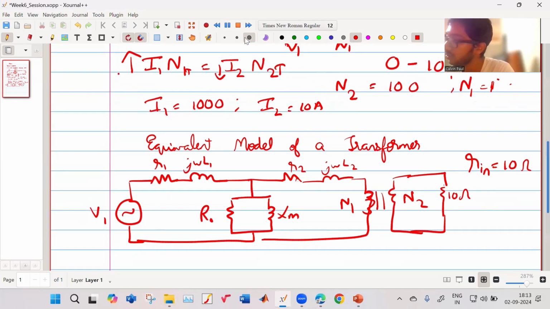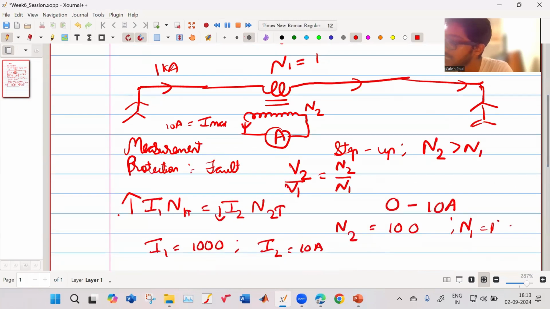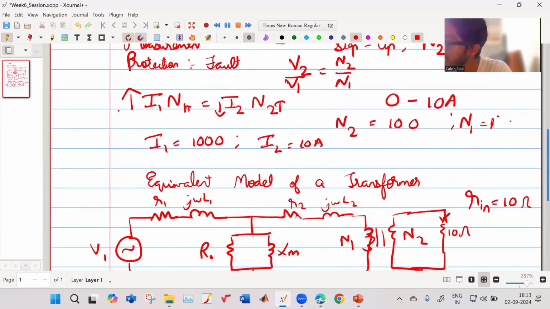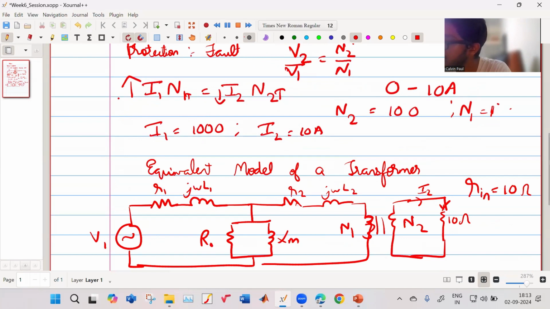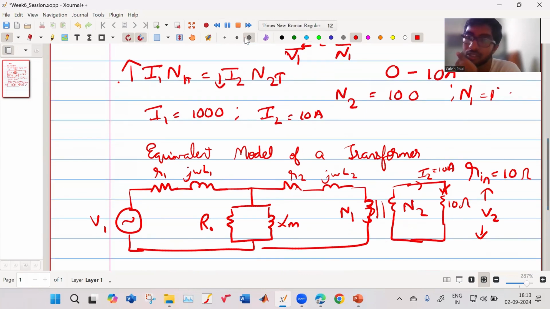So what is the voltage drop over here? The maximum current that the ammeter can carry is 10 ampere. So suppose 10 ampere current is flowing. This is I2, and I2 is 10 ampere. So what is the voltage drop V2? 100.